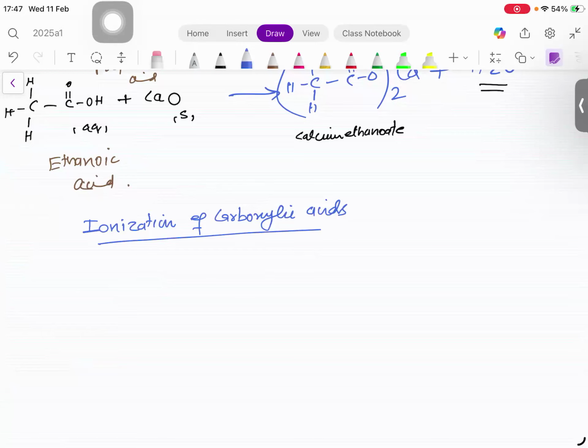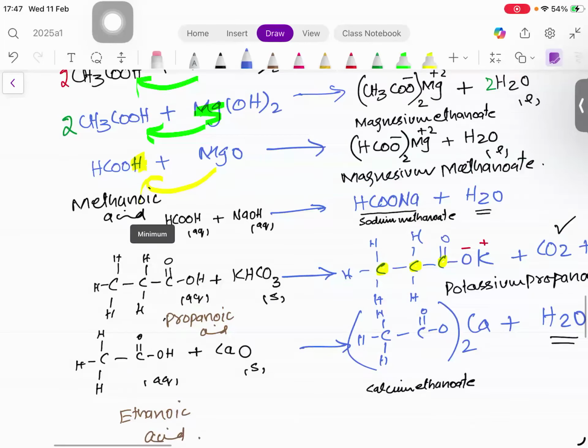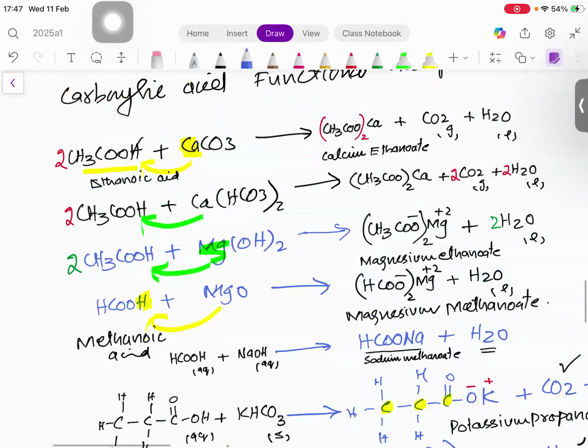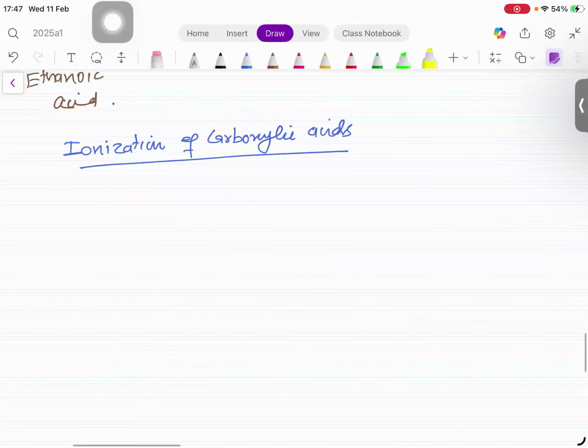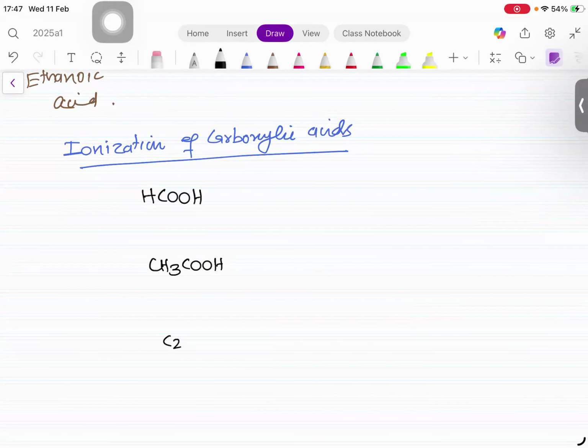Now I hope you understand from these reactions that carboxylic acids always lose their last hydrogen, the one in COOH, and after losing it, a negative charge comes on them. So all the carboxylic acids, look at this, if I take HCOOH or CH3COOH or C2H5COOH.